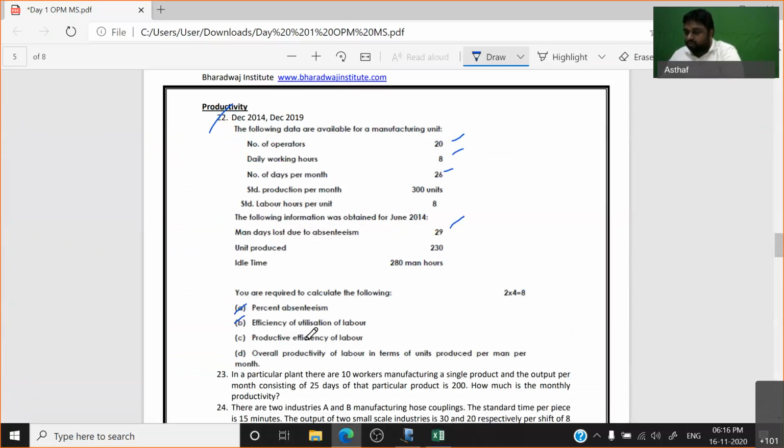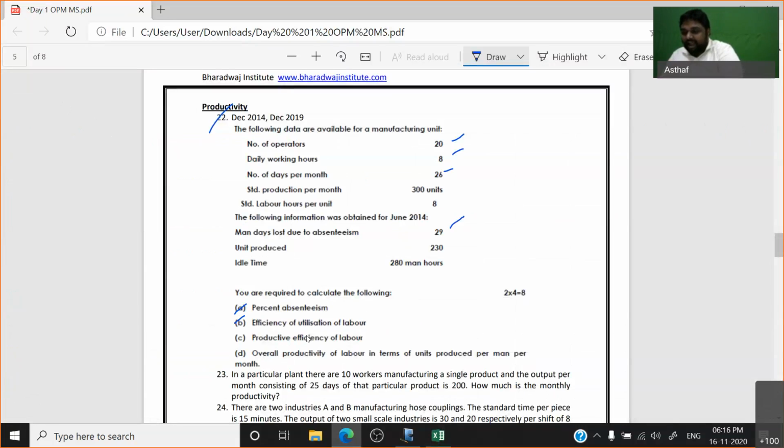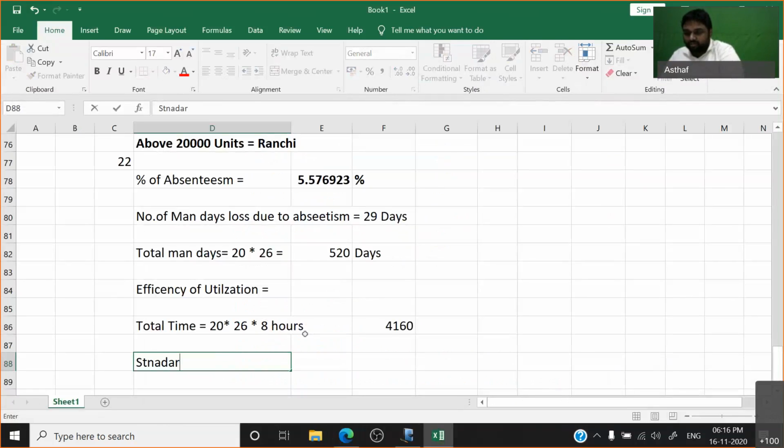Now what do we have to do? What next thing do we have to find out? Help me. For efficiency of utilization, what do we do next? We have to find out now the standard time for actual production.